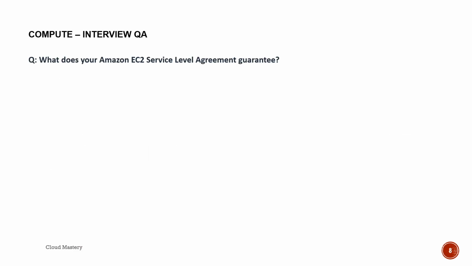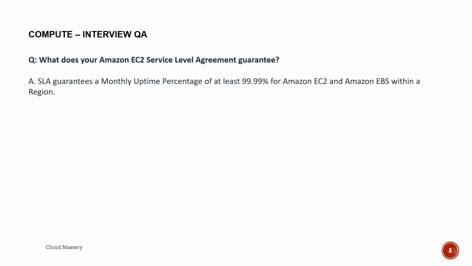If I go to the second question, what is your SLA for EC2? I think I already covered this in my introduction slide. You can see we have 99.9% for EC2, with EBS within a region. So I can say availability is good for EC2 in AWS.